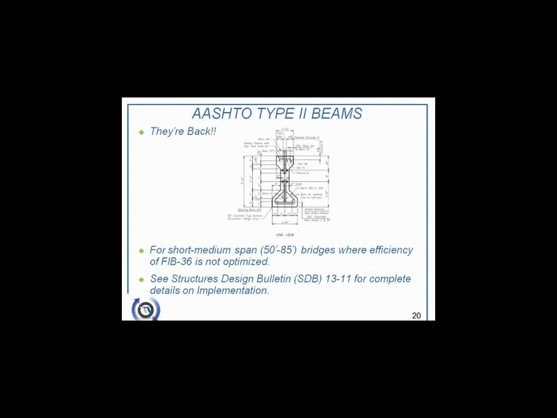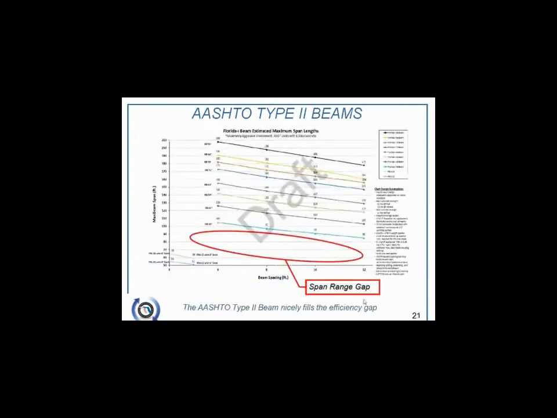However, over the years, we've realized we have an efficiency gap where the FIB is not optimized on shorter spans, and we have a gap between our flat slab bridges and the FIB. You could use the FIBs, but they're just not as efficient. So we've also released Structures Design Bulletin 13-11, and that has complete details on the implementation.